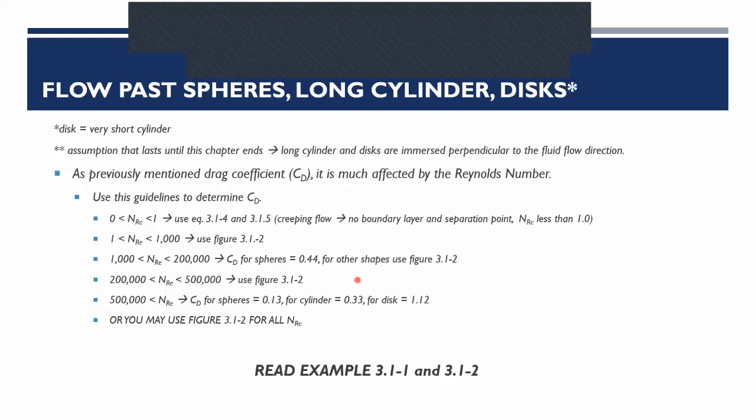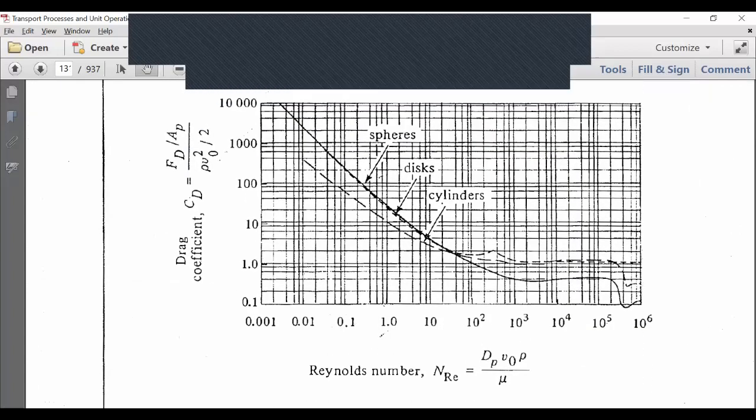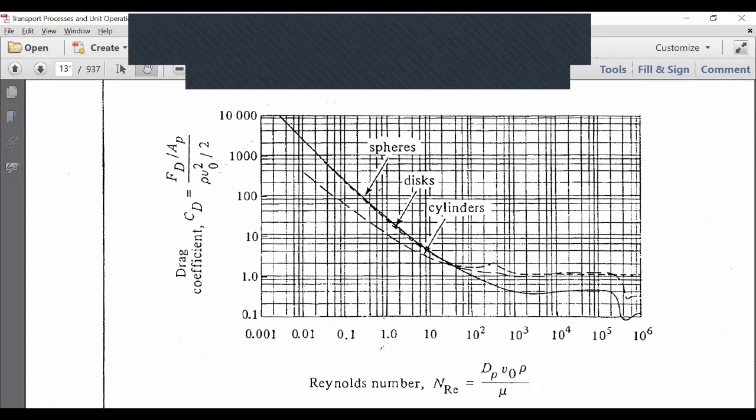As previously mentioned, the drag coefficient or CD is pretty much affected by the Reynolds number. You can see this from figure 3.12. Let me open 3.12. Here, you can see the drag coefficient is affected by the Reynolds number.